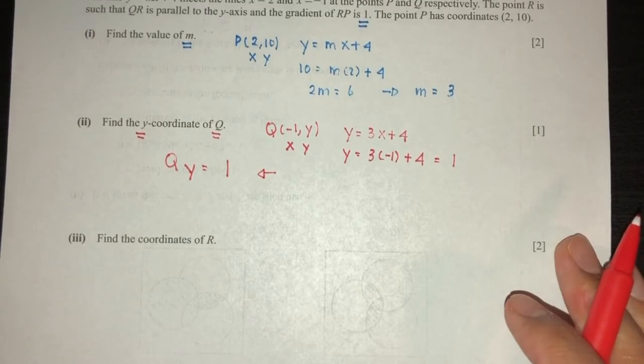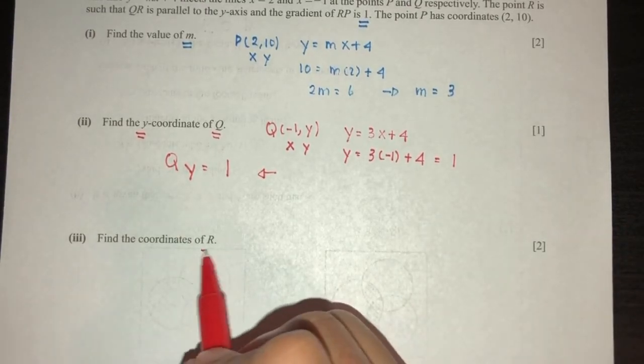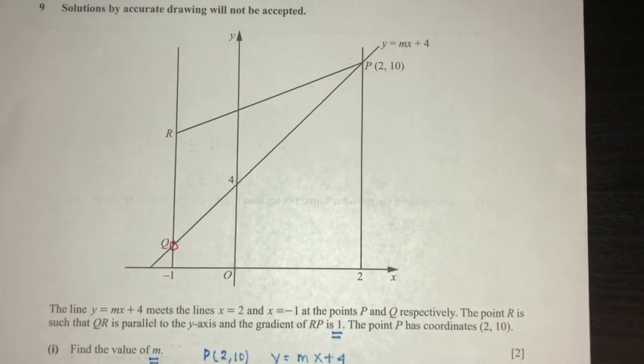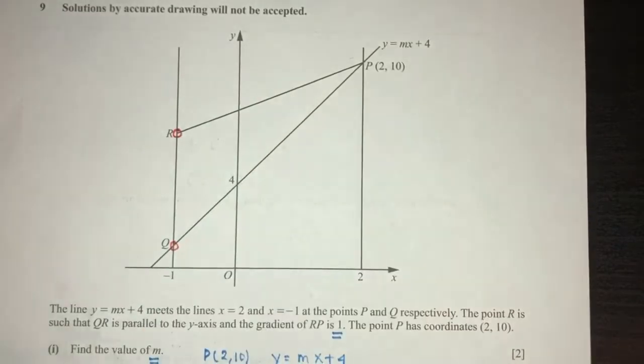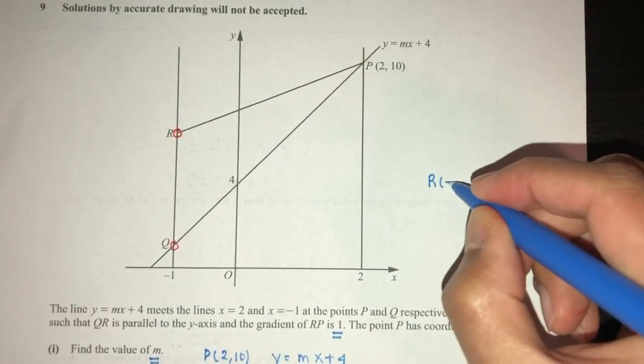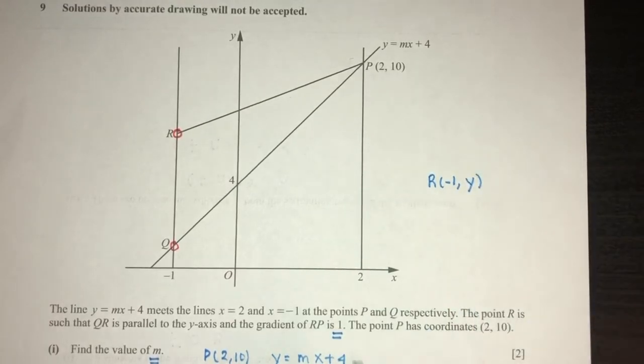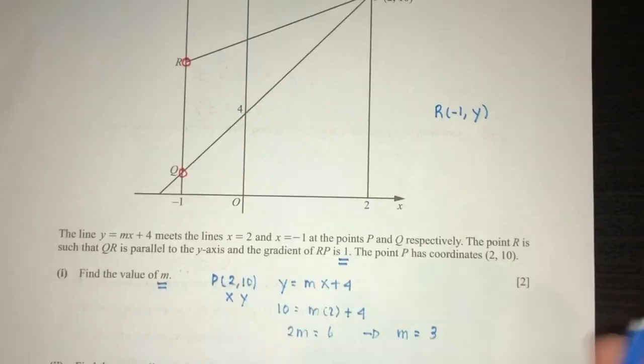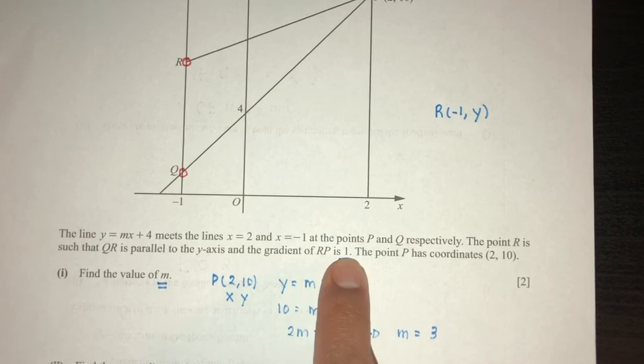Now for part 3, find the coordinates of R. R is here. You know R is (minus 1, y), and y you don't know. But we know the gradient of RP is 1.